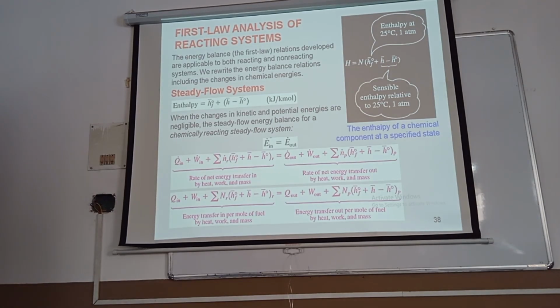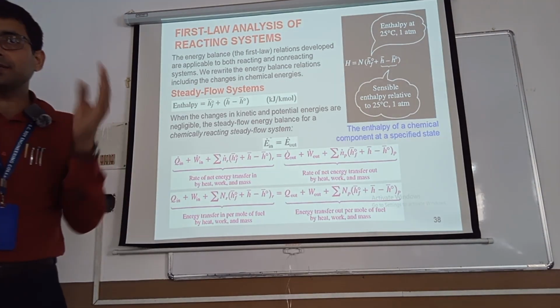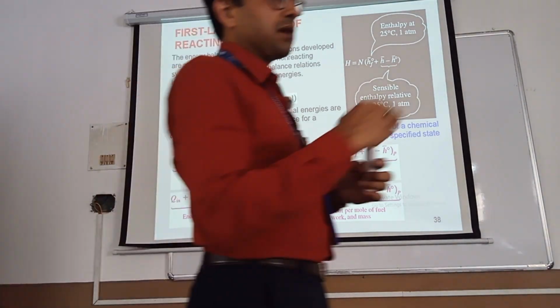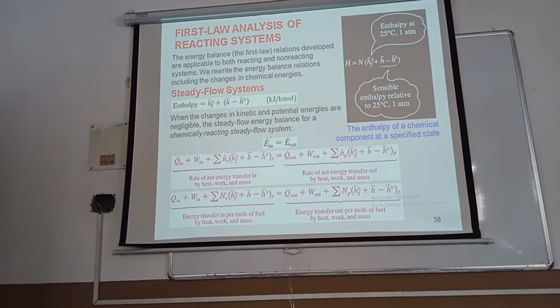In case of gas turbine, it is continuous flow. In case of IC engine, there is intermittent flow. That means there will be some time of valve opening, and then internally it will be a closed system. Reaction is going on.